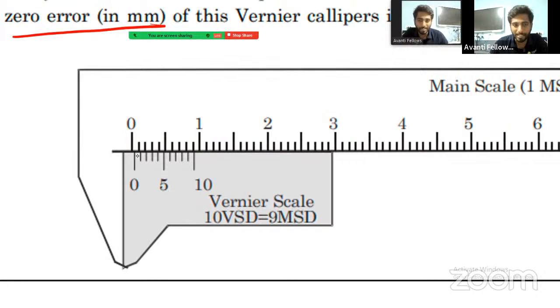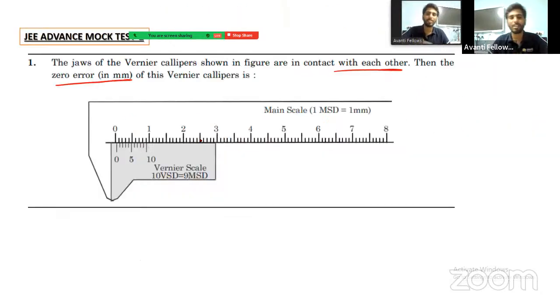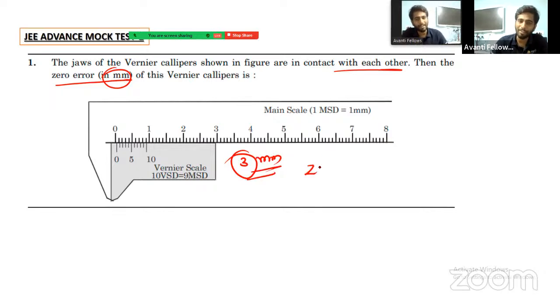First one is not matching, second one is not matching. Sorry, zero, first, second, third line is matching. Hence its zero error will be equal to the third point. And each one is in millimeter. So you can directly write this as millimeter. Means zero error कितना आ सकता है इधर 3 millimeter.